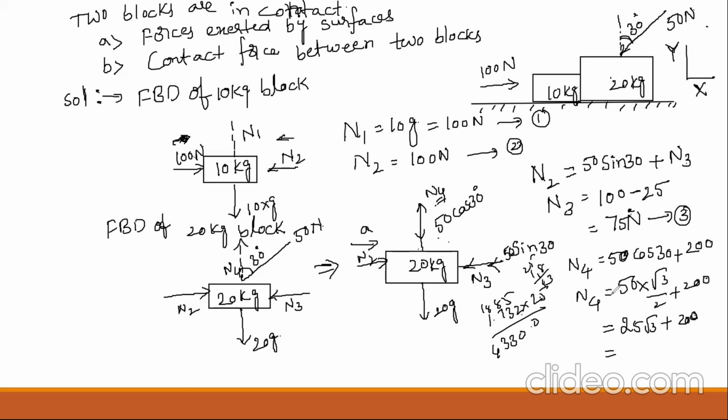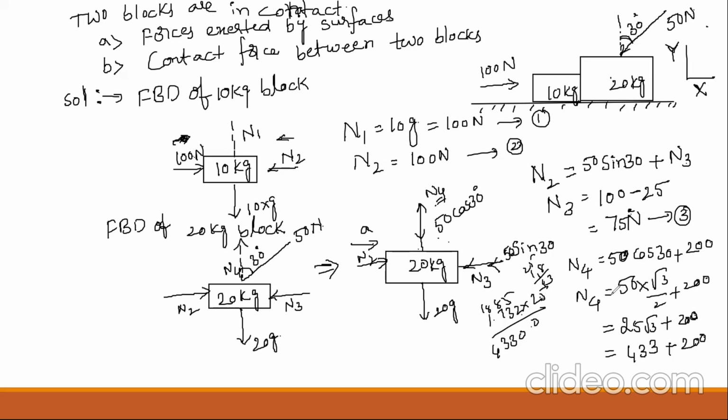Yeah, so how much did we get? 433. 433 plus 200 you are getting.